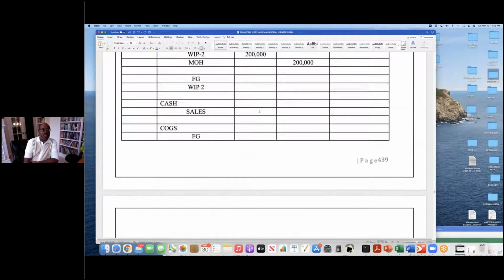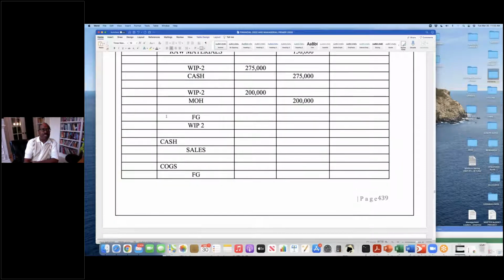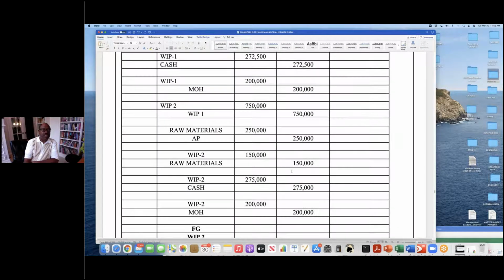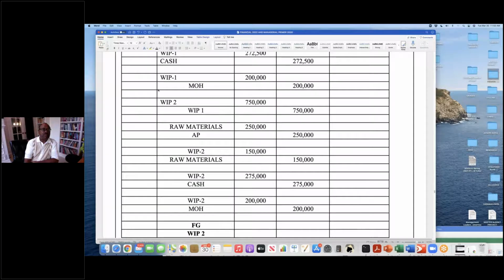And so now to the important journal entry. How much are we going to transfer to finished goods? These are always our key journal entries. How much are y'all going to transfer to finished goods? 8,000 units.